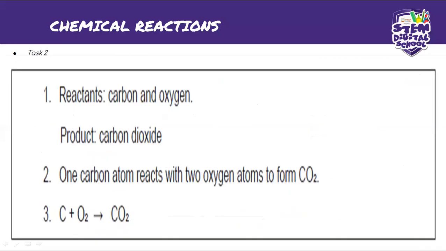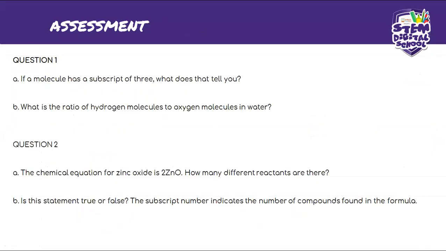Okay, now let's go to the assessment itself. The question is, if a molecule has a subscript of 3, what does that tell you? That's why I went back and explained that place. What is the ratio of hydrogen molecules to oxygen molecules in water? For you to do this, you have to write down the chemical formula of water, and then look at hydrogen and oxygen.